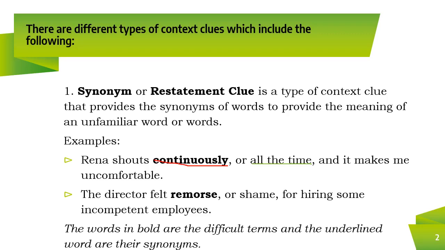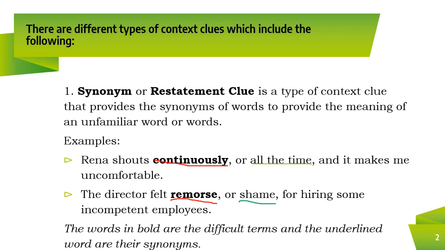Okay, so let's go to example number 2. The director felt remorse or shame for hiring some incompetent employees. The unfamiliar word is remorse. All you have to do is to find the word that is synonymous to remorse. What do you think is the word that has the same meaning as remorse in the sentence? Okay, you are correct. Very good. It's shame.